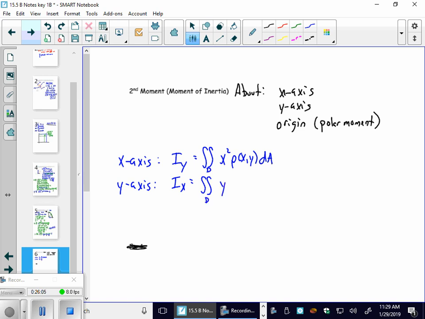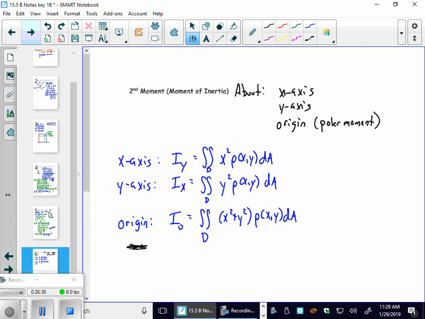And this one is y squared rho of xy dA. And if you want to do it around the origin, the moment of inertia about the origin, it's still a double integral over D. This one is x squared plus y squared rho of xy dA.